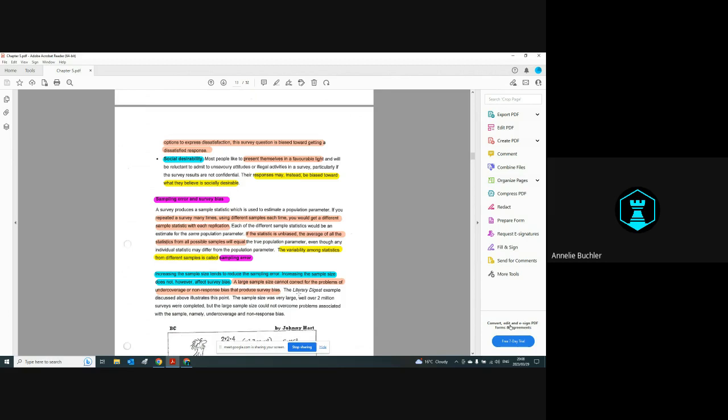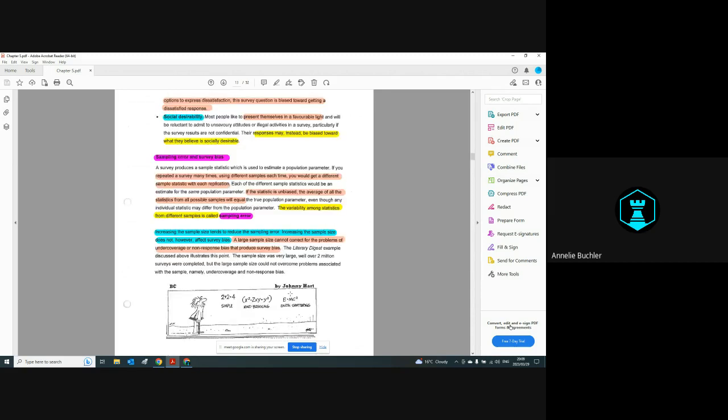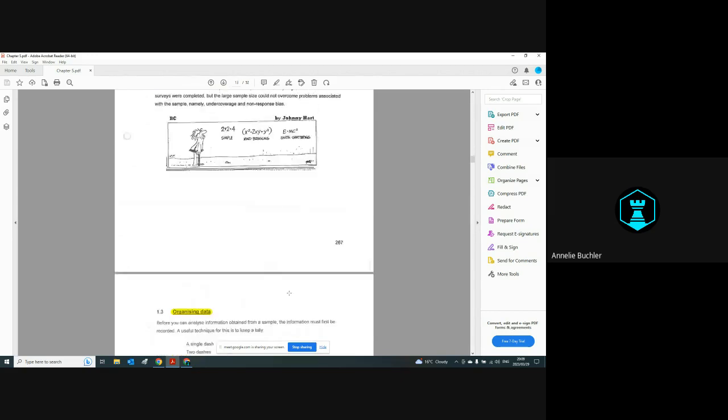Increasing the sample size does not affect survey bias. A large sample size cannot correct for the problems of undercoverage or non-response bias. Okay, so these are just the different terms.